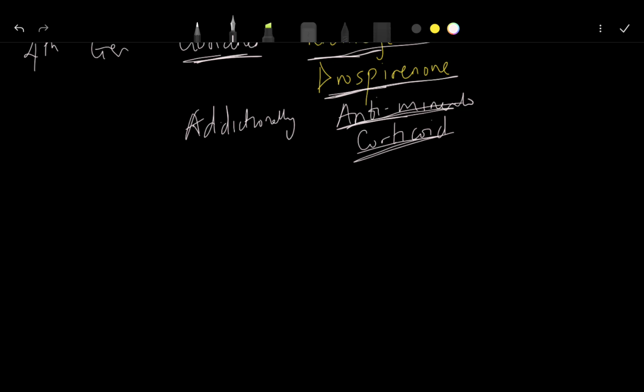Okay, you understand? Then we talked about the effect of progesterone, where it is synthesized. We talked about the limitation on progesterone in the sense that we cannot give it orally, so we went on to synthetic progestins.